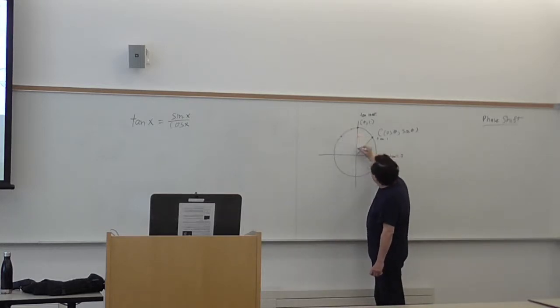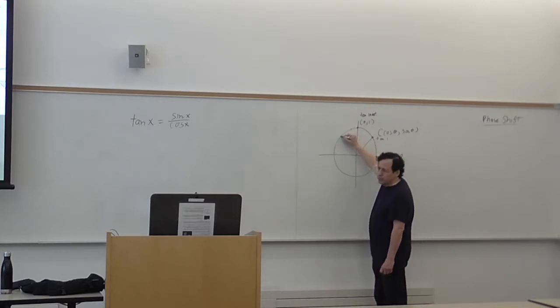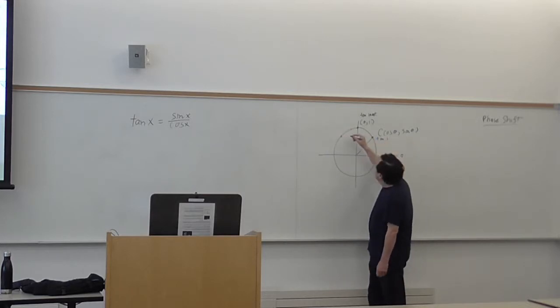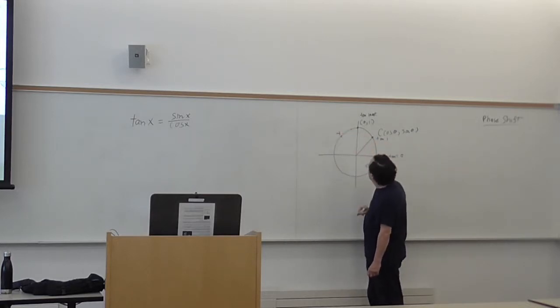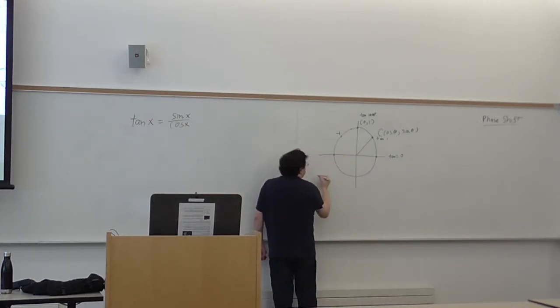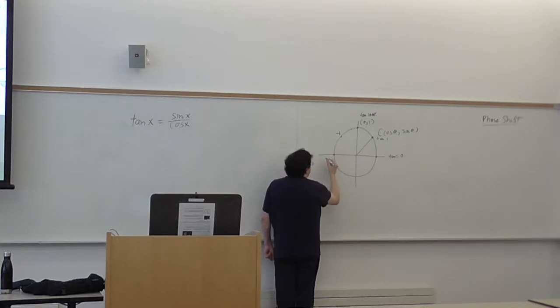So I get over to 135 degrees, whose reference angle is 45. The two values are again equal but opposite in sign, so it goes down to -1. And then finally I get down to 180 degrees, and my sine is back to 0, so my tangent is 0.